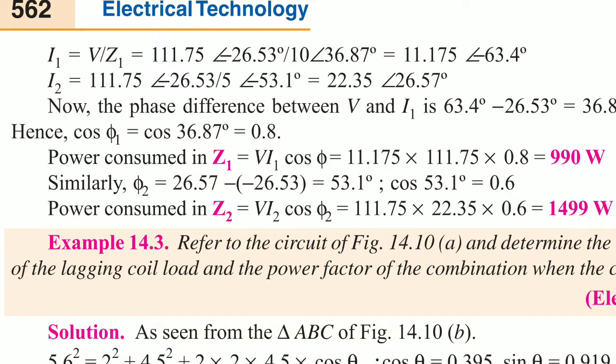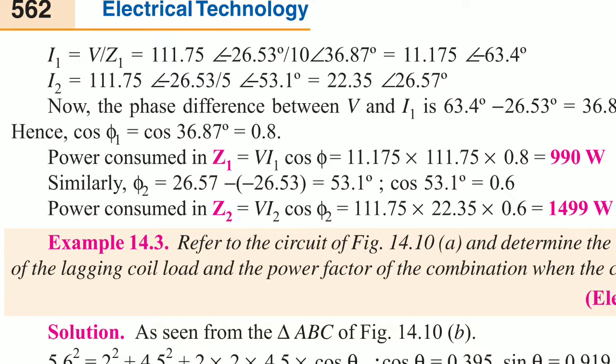Similarly, phi 2 is equal to 26.57 minus of minus 26.53, that is equal to 53.1. So now in branch 2 the power factor is cos phi 2, that is cos 53.1 degrees, that is equal to 0.6.